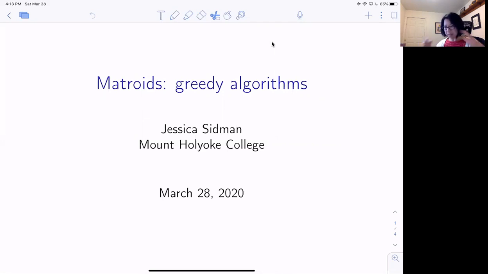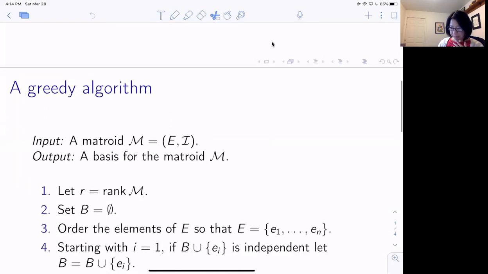And the language of matroids lets us, in an abstract, high-level way, see the commonalities between those three things and the different properties they satisfy. That in each realm, in each category, there are bases and independent sets and circuits. And one of the things you can do when you have a matroid is you can construct a basis greedily. And that's what I want to talk about here.